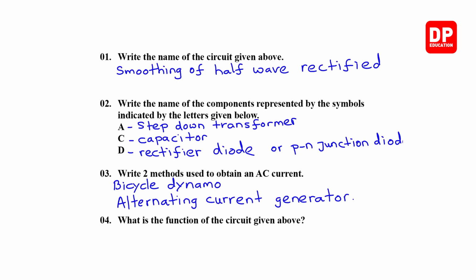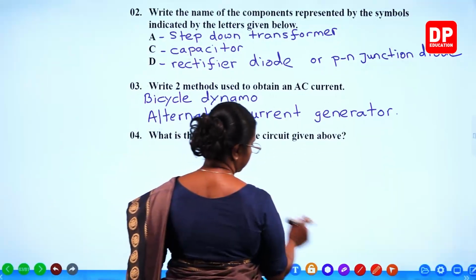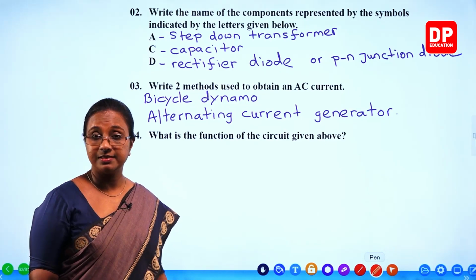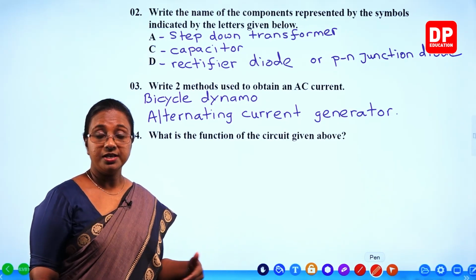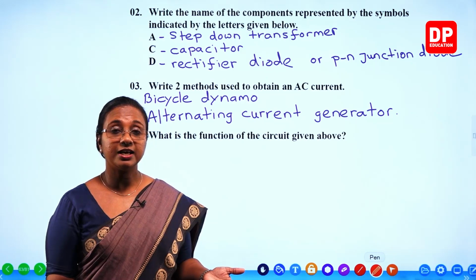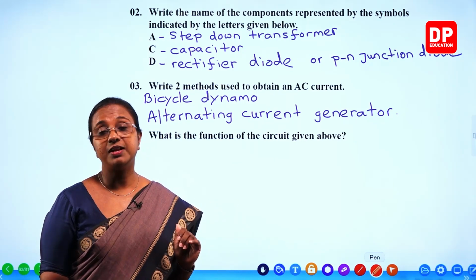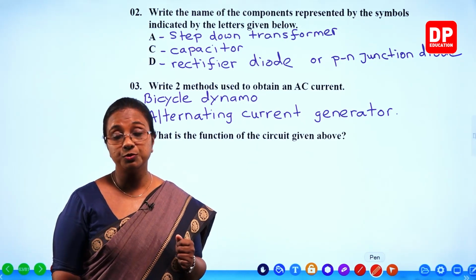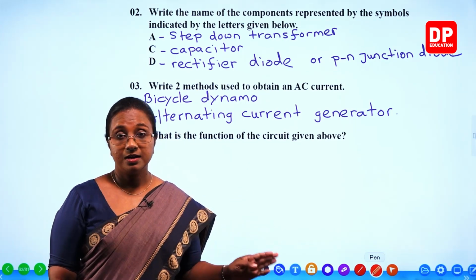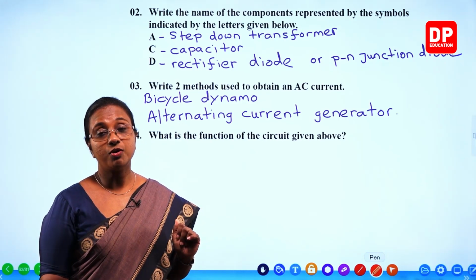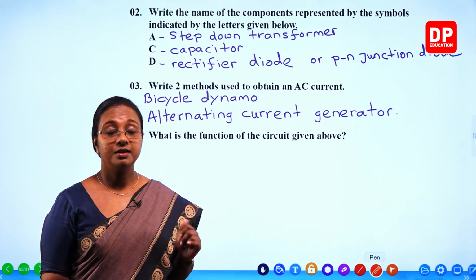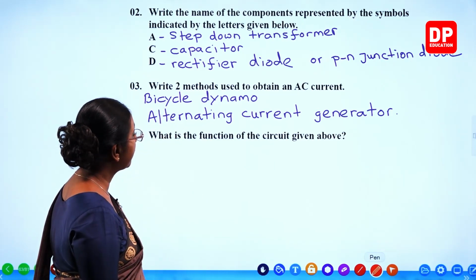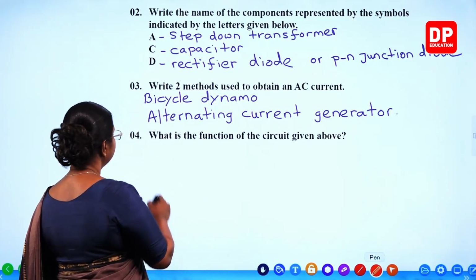So then the last part of the question, what is the function of the circuit given above? What is the function? Alternating current is converted to direct current, but there is only a half wave rectification taking place, and after that the current is smooth. So there conversion of or rectification of current as well as smoothing takes place. What is the function of the circuit given above?